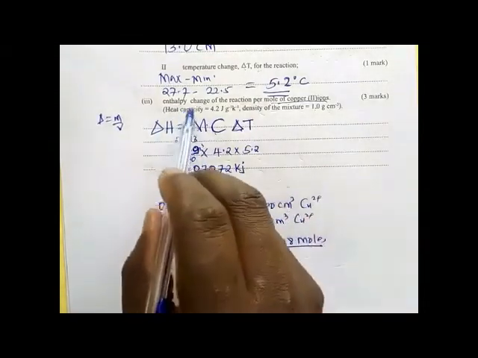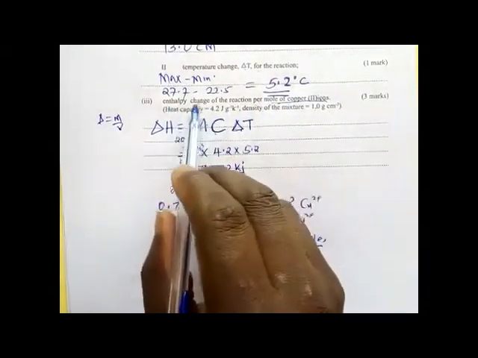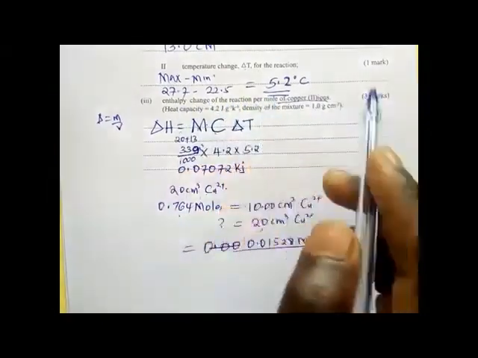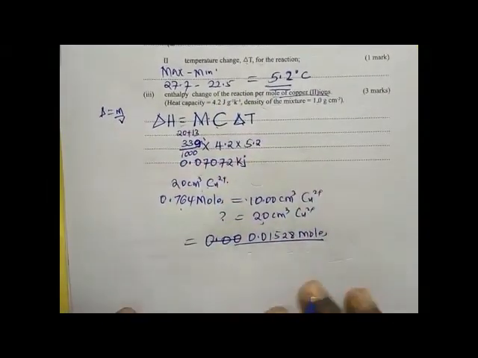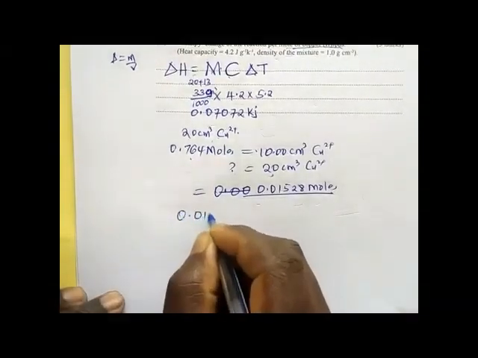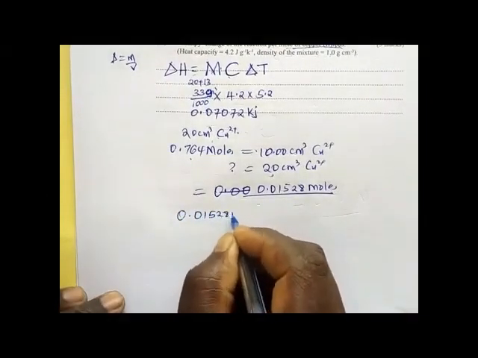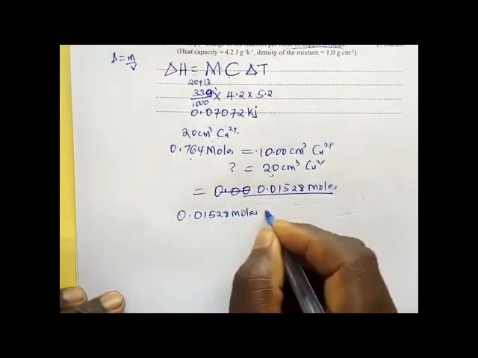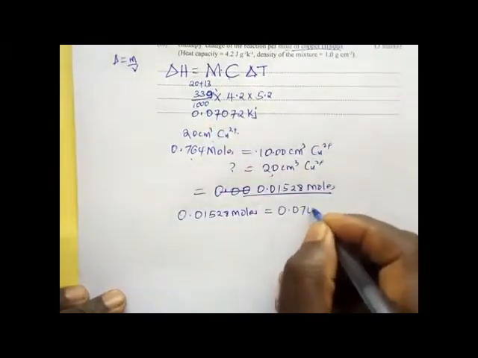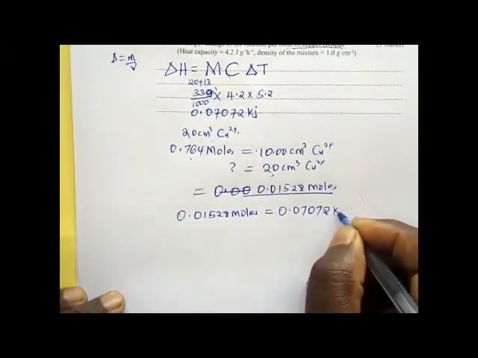So now we want 1 mole. Enthalpy change, remember, is per mole, per 1 mole. So we will say 0.01528 moles was able to produce this amount of heat, 0.07072 kilojoules.